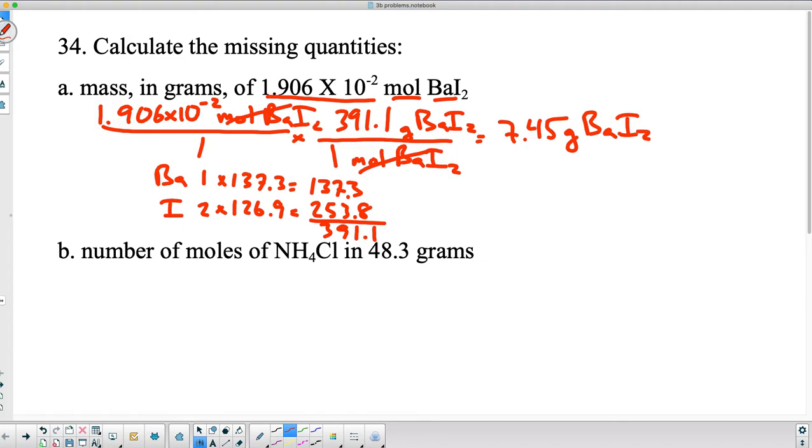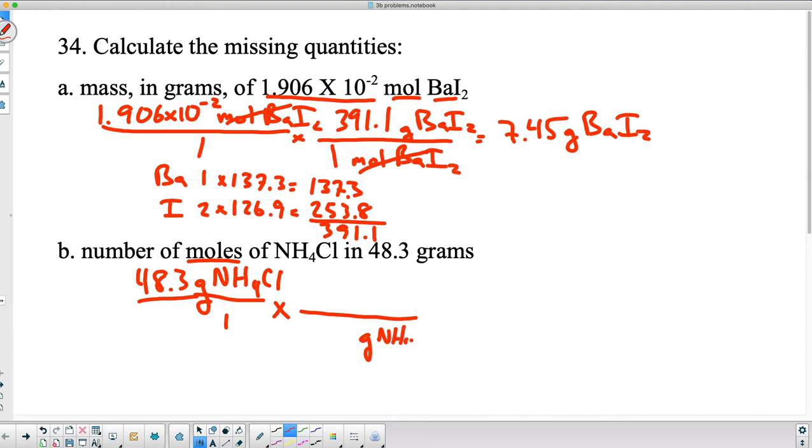The second one is exactly the same thing except in reverse. So I always start with the stuff that I have on top, like this, number of grams, like that. My compound is NH4Cl. Okay, I'm not going to do the whole problem here for you. You should know that the number of grams that you need, though, will go on the bottom like that, and that is for 1 mole of NH4Cl.